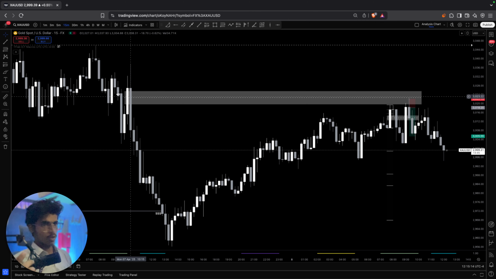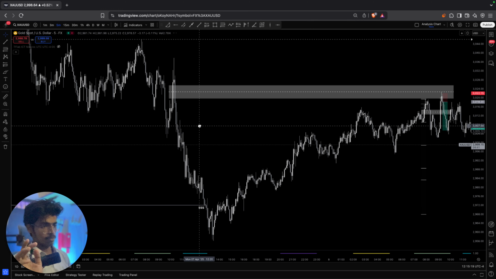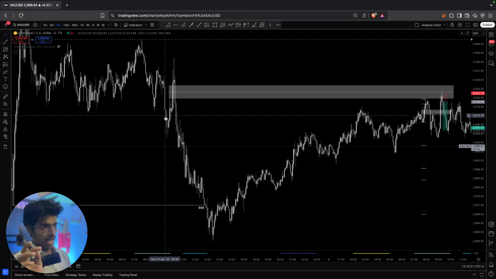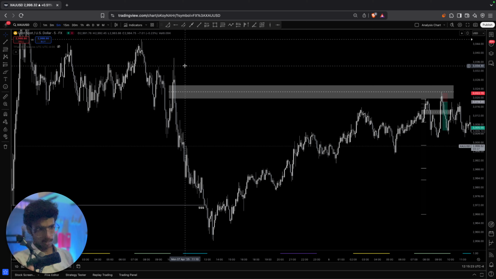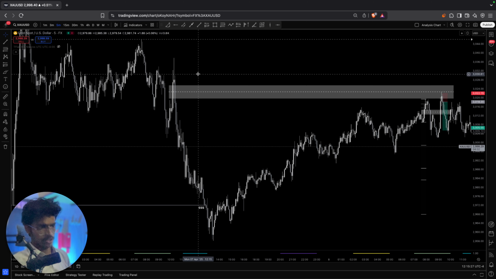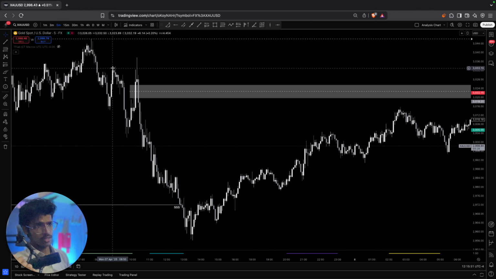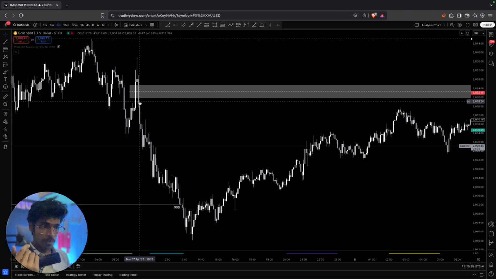If we go on a 5-minute time frame, you will see one thing. The rejection was from this point, and this up-close candle can act as a breaker block. Now I was looking for some kind of structure. Before the market went back higher, it took out these highs, and a fair value gap was made, and the same fair value gap got inverted.